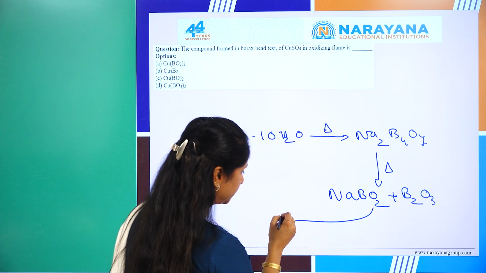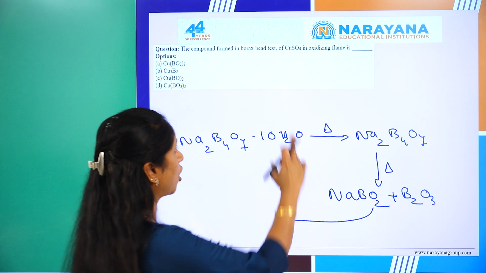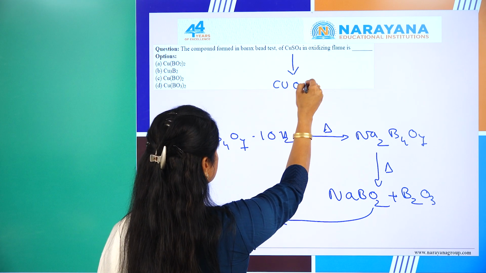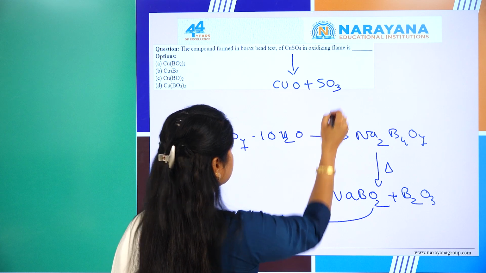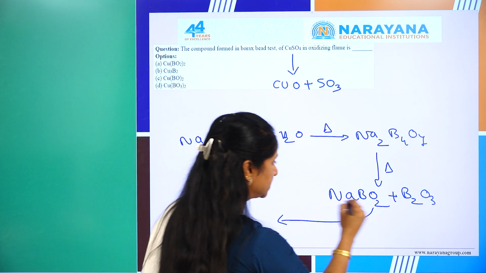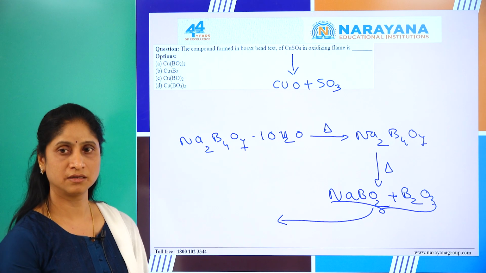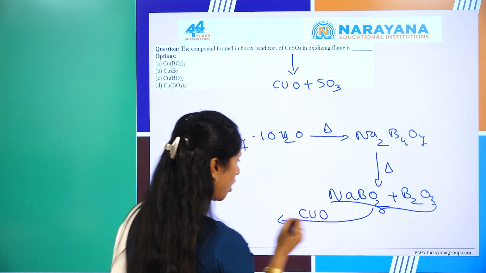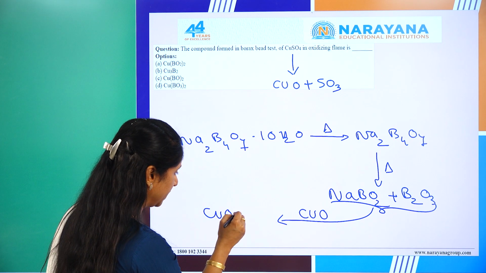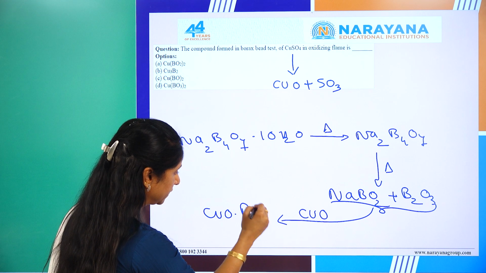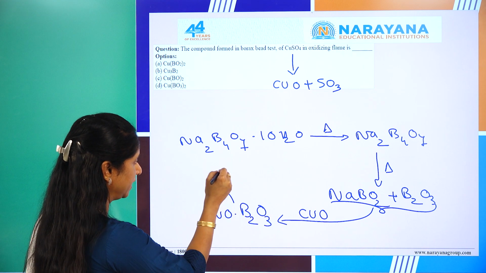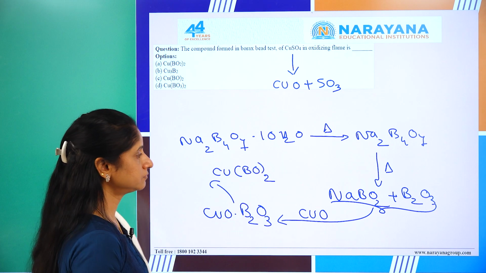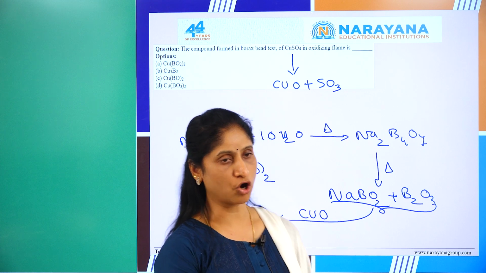Under the hot conditions, when this is brought near copper sulfate, the copper sulfate under the hot flame dissociates into copper oxide and sulfur trioxide. This is a transparent glassy mass. With the copper oxide, boric anhydride forms an adduct, CuO·B2O3, which I can write as cupric metaborate, a blue colored bead in the oxidizing flame.